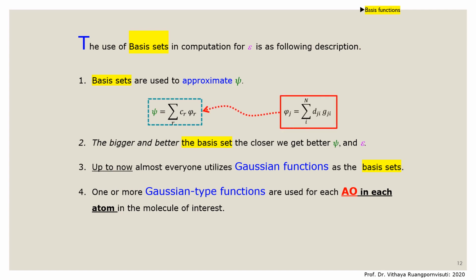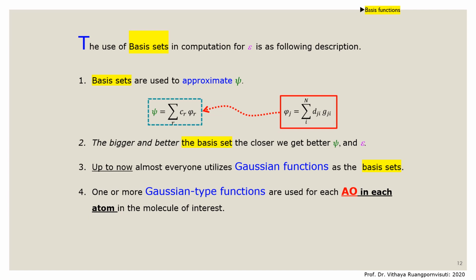The psi r obtained from the basis set as the atomic orbital is a linear combination of Gaussian distributions, or Gaussian functions.